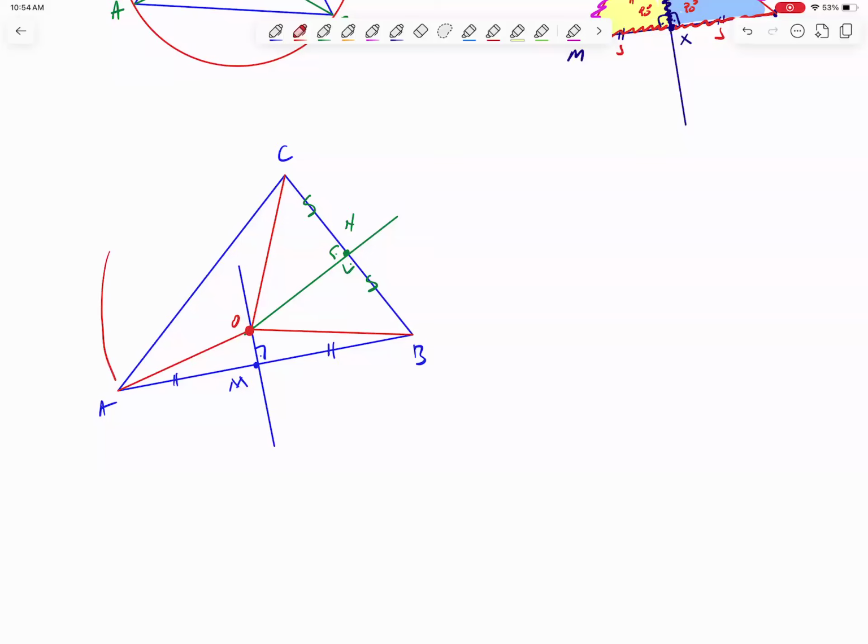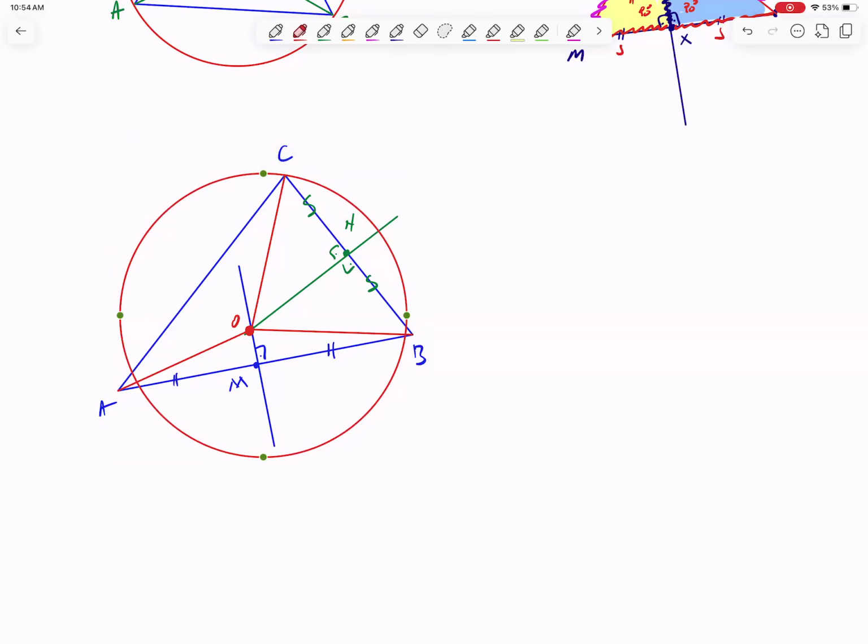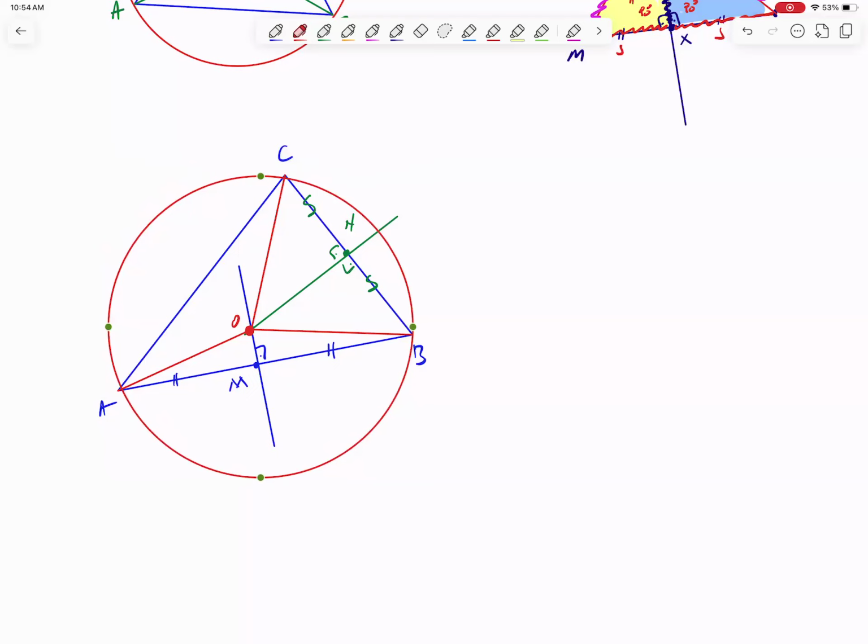And this circle is passing through the corners of the triangle. O is the circumcenter, and OA is the circumradius.